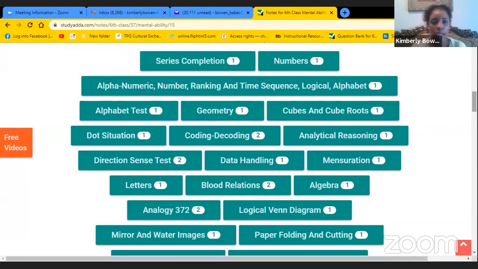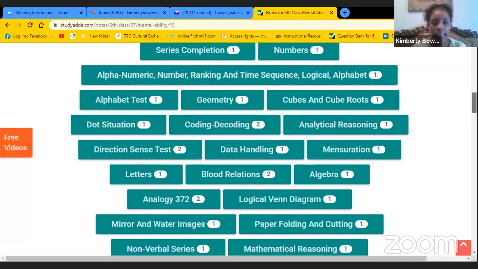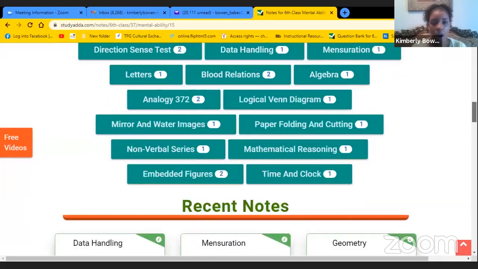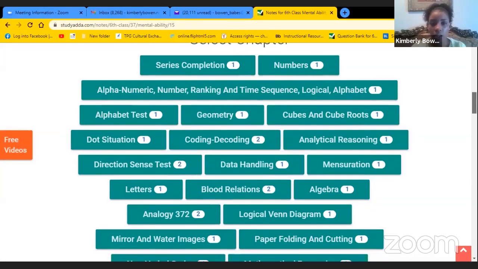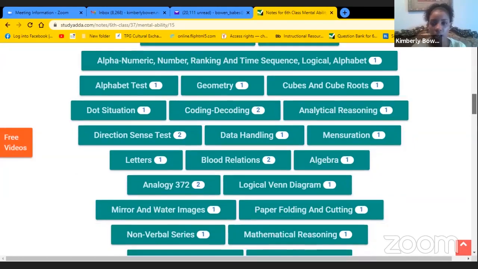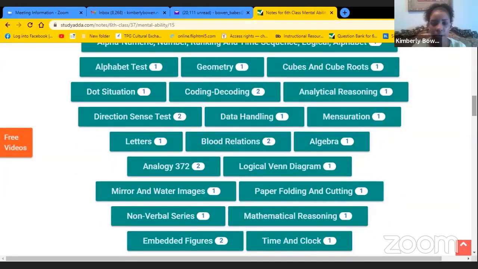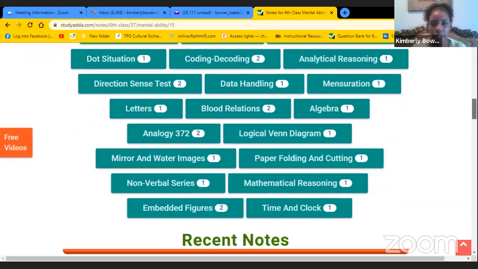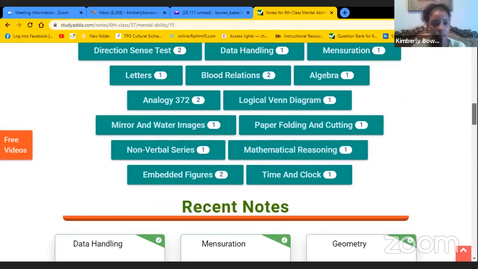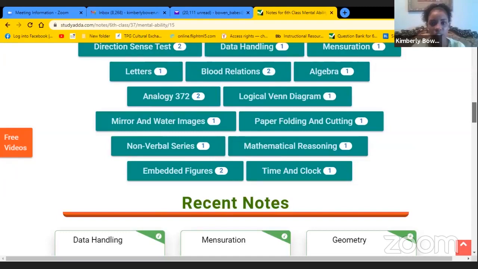So we're looking at the different categories here, and there's a category on series completion and sequence. Let's see if there's one on pattern. Coding and decoding, that's also identifying a pattern, but we're looking for one that specifically speaks about patterns. Not seeing that on the website at the moment.